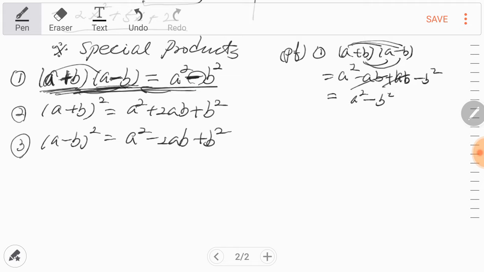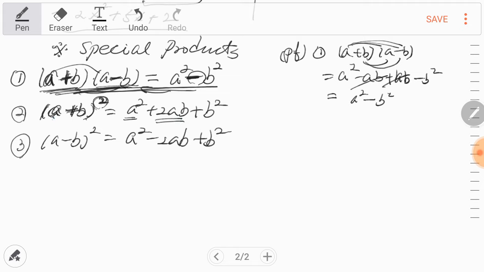Okay, the next one is multiplying a plus b, the binomial, twice. Then it is a squared plus 2ab plus b squared.